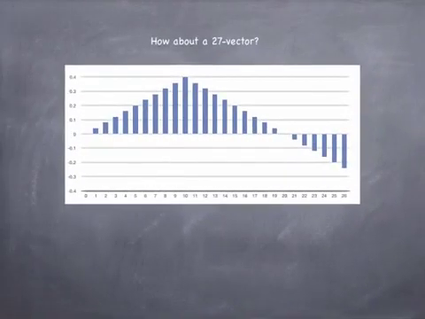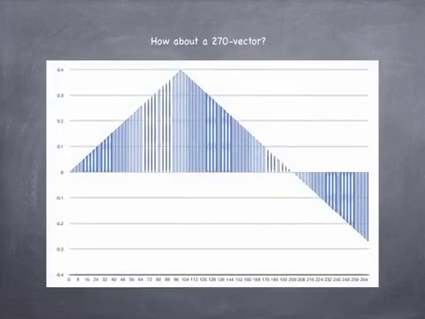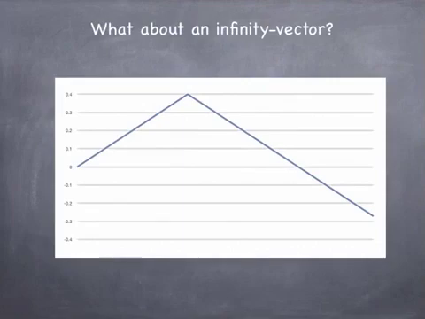What if we had a 27 component vector or a 270 component vector? You can see that as the number of components goes up, the spacing between the bars gets closer and closer, and then you can see how we could take this concept into an infinitely large dimension, and you get an infinite component vector, which is also known as a function.